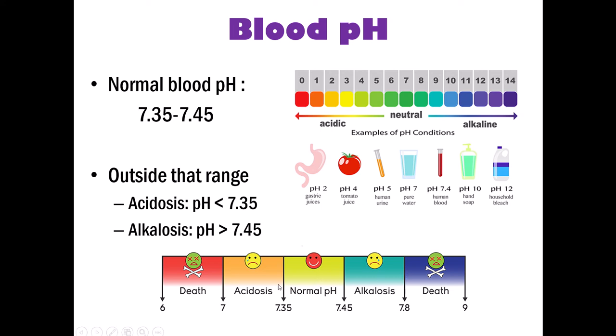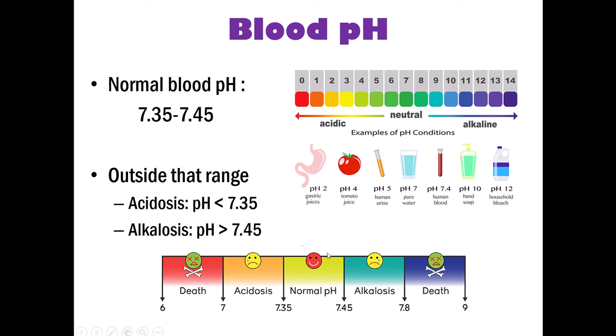When we get out of that very, very narrow range, if we become less than that, we get into an acidotic situation. We become more than that, we get into an alkalotic situation. And you can see it's really not a wide range. If your alkalosis gets really bad, or if your acidosis gets really bad, it's not only damage, it can actually be fatal.